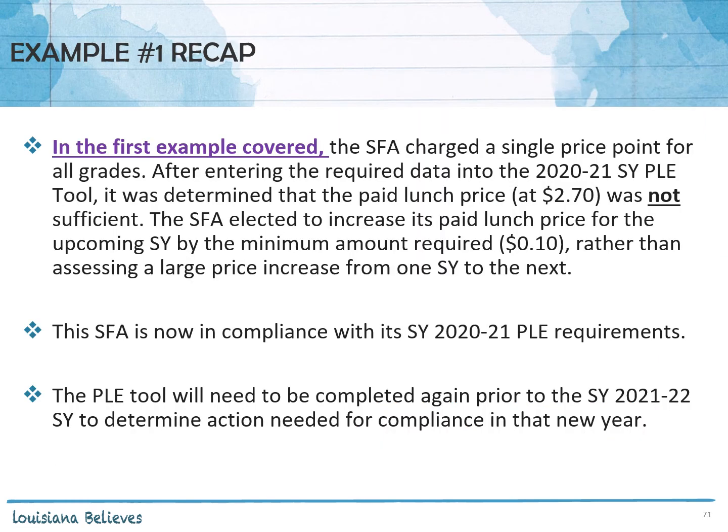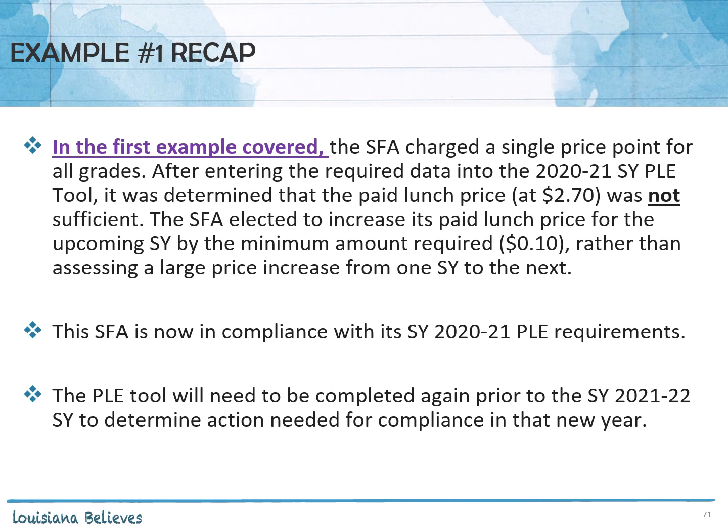Let's recap the 2 scenarios we've covered today. In the first example covered, the SFA charged a single price point for all grades. After entering the required data into the 2020-21 school year PLE tool, it was determined that the paid lunch price at $2.70 was not sufficient.